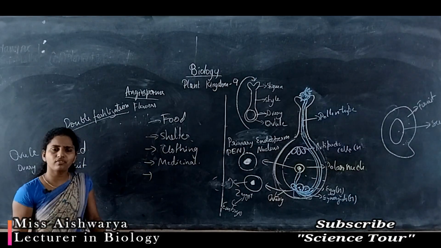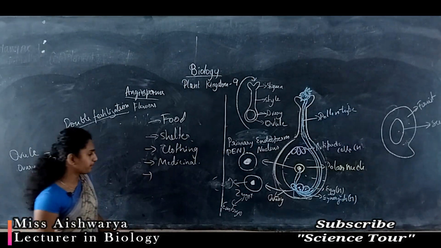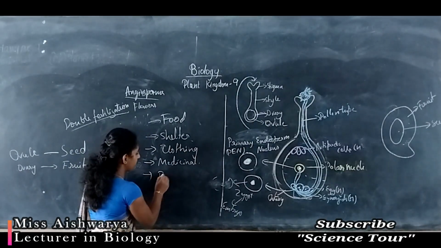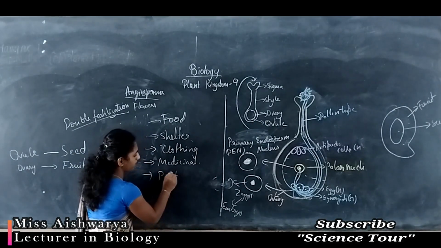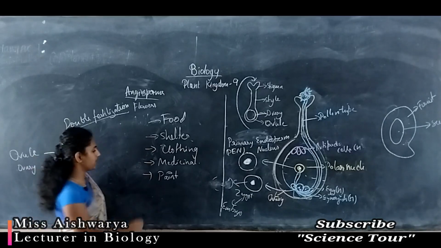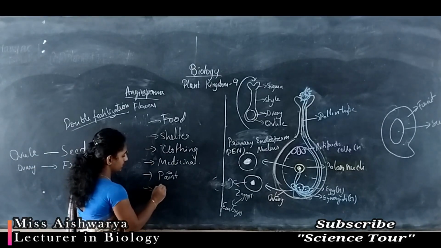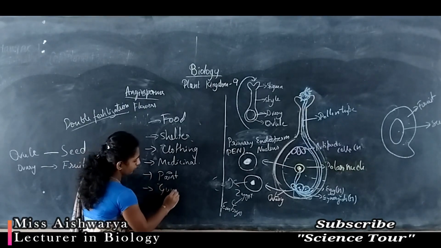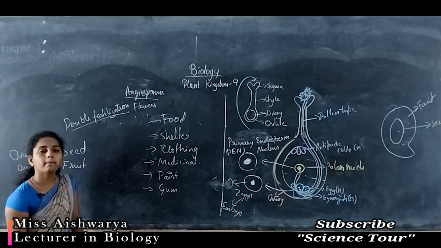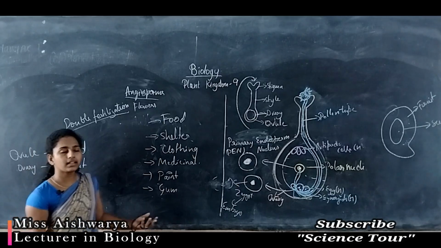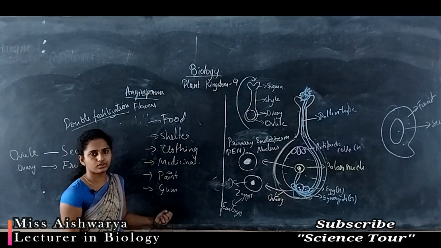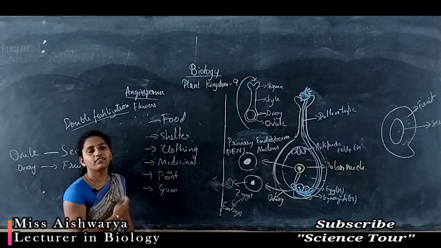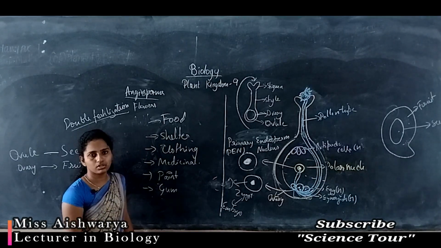It is also used for other purposes, like preparing natural organic paint. Then various plants are gum yielding; from them they extract the gum and use it for various purposes.